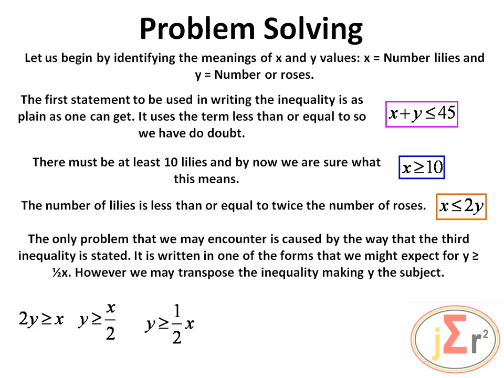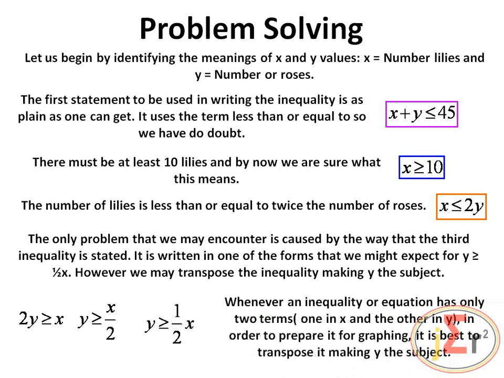And that is our lovely inequality that we expect, and we were not disappointed. Whenever an inequality or equation has only two terms, one in x and the other in y, in order to prepare it for graphing, it is best to transpose it, making y the subject.